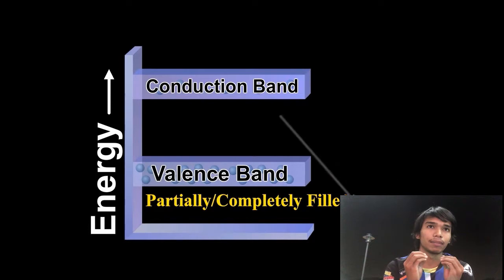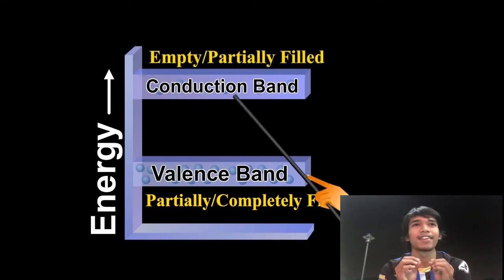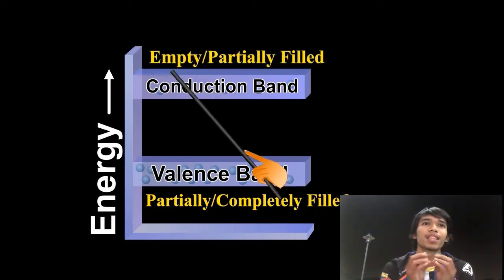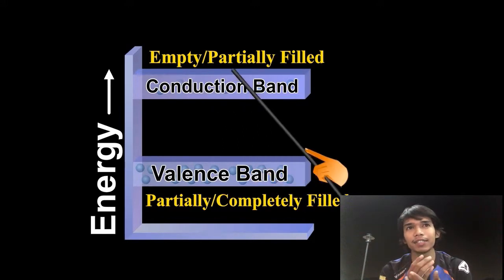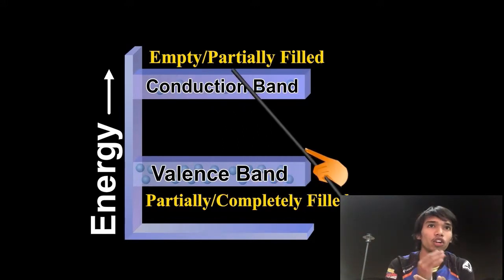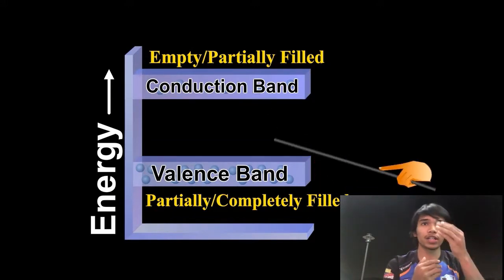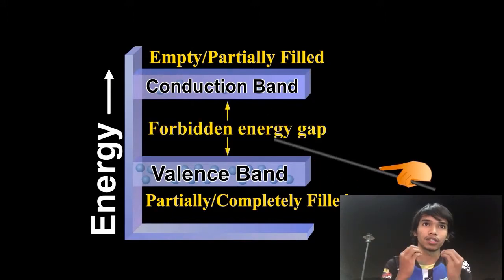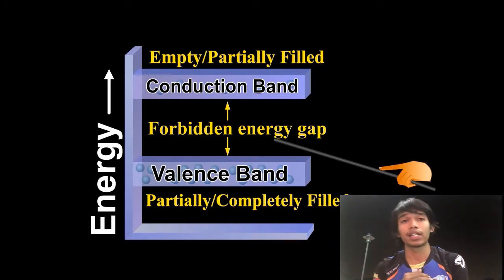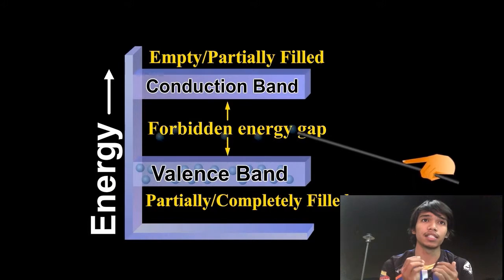That's why we call the band a conduction band. Usually the conduction band is empty or partially filled with electrons. The gap between the conduction band and valence band is called the forbidden energy gap, or we can call it the energy band gap.